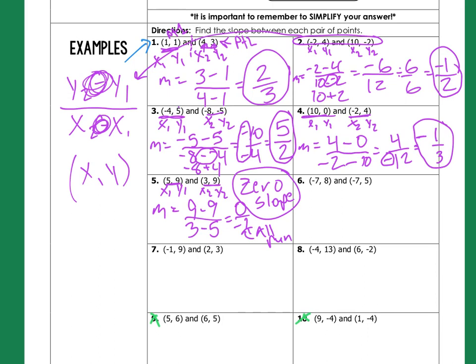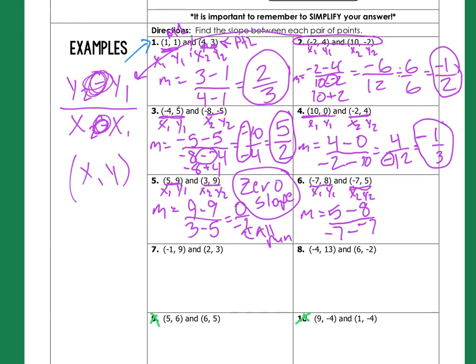Now it's going to be absolutely crucial to think about number 6 in the same capacity. Here's point 1, so I've got x1, y1, and then point 2, so x2, y2. I have a feeling number 6 is going to tell us something else. So slope is equal to y2, which is 5, minus y1, which is 8, over x2, which is negative 7, minus x1, which is negative 7.